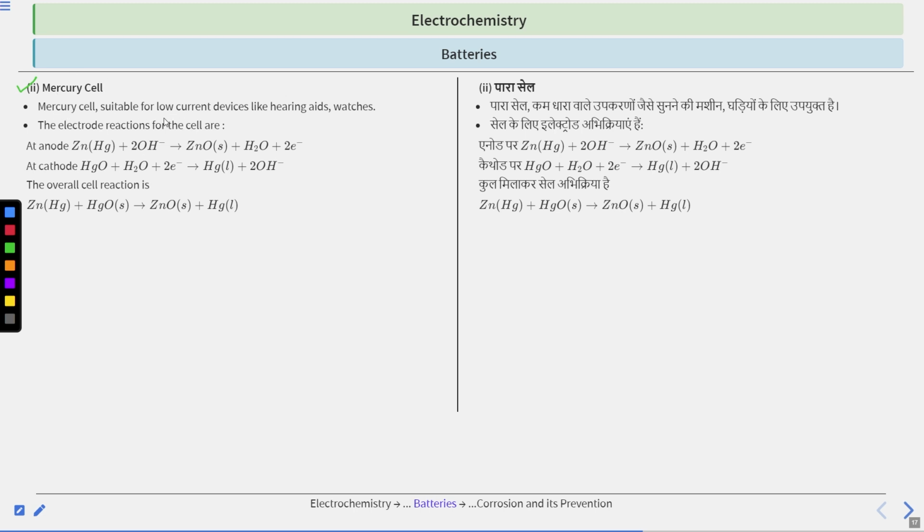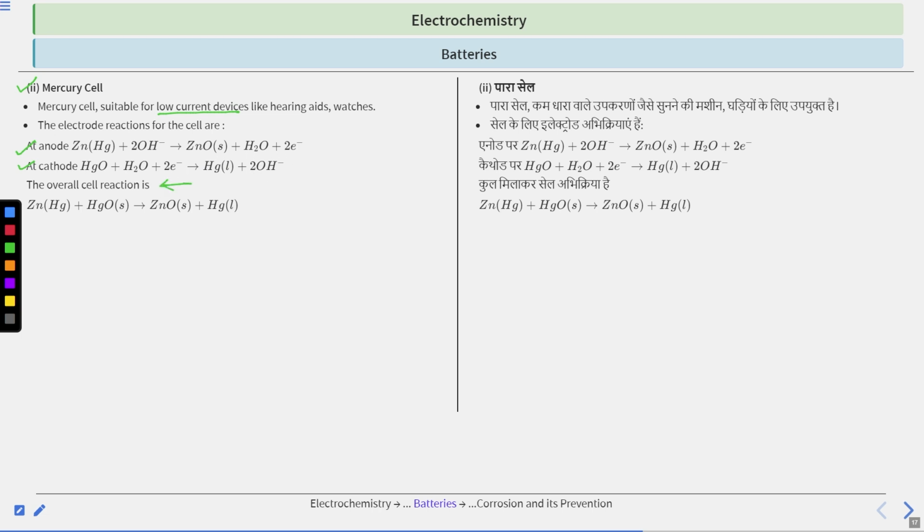Okay, and second type under the primary batteries is the mercury cell. Mercury cell is suitable for low current devices like hearing aids, watches. So we use the mercury cell in all these things. The electrode reactions for the cell are, at anode: Zn(Hg) plus 2OH- giving ZnO plus H2O plus 2 electrons. At cathode: HgO plus H2O plus 2 electrons giving Hg plus 2OH-.